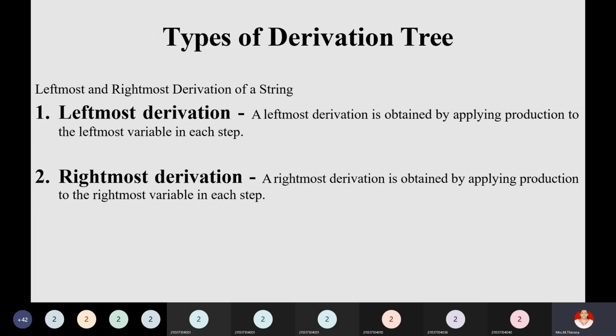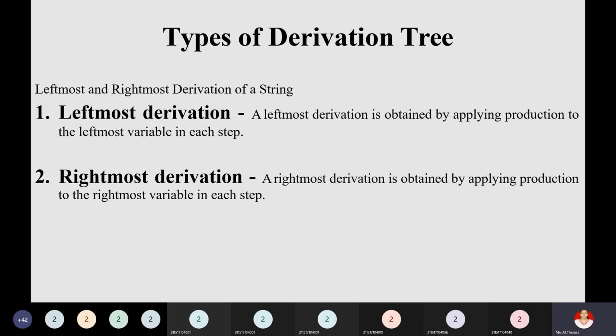Previously we have seen there are two approaches: one is the top-down approach, another is the bottom-up approach. So here there are two types of derivation: leftmost derivation and rightmost derivation. In order to derive a string, if we replace the leftmost non-terminal by any of its production rules, then it is called leftmost derivation.